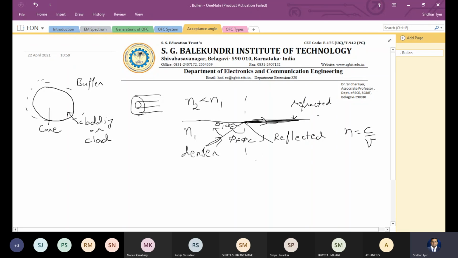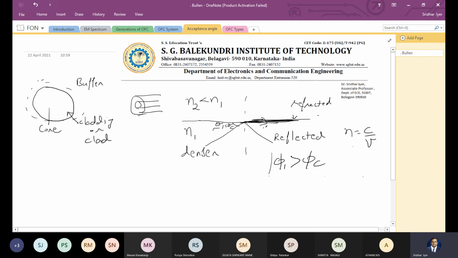However, this scenario again is not helpful for us, because if you see, the refracted ray is only on the horizontal. We actually want this refracted ray to become a reflected ray. That means it should go inside the denser medium. Therefore, we must ensure that the incident ray, or the light which is thrown inside the optical fiber, is at an angle phi 1 greater than phi c, right? That is what we are expecting.